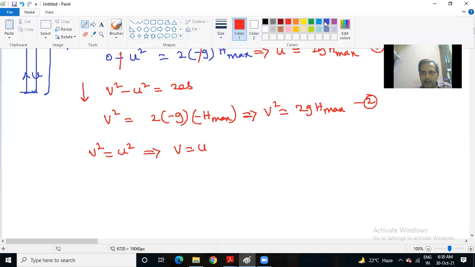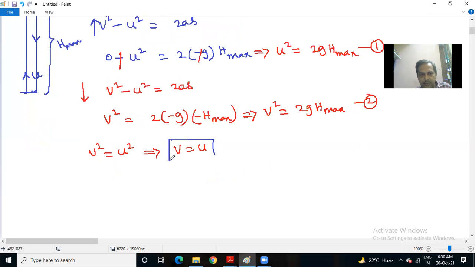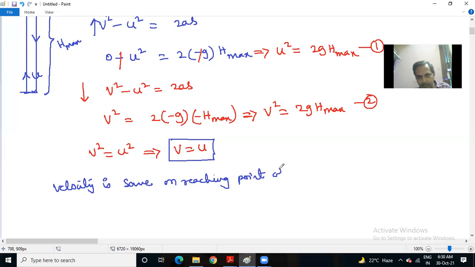So you can confirm that velocity is the same on reaching the point of projection when a body is thrown vertically upwards.